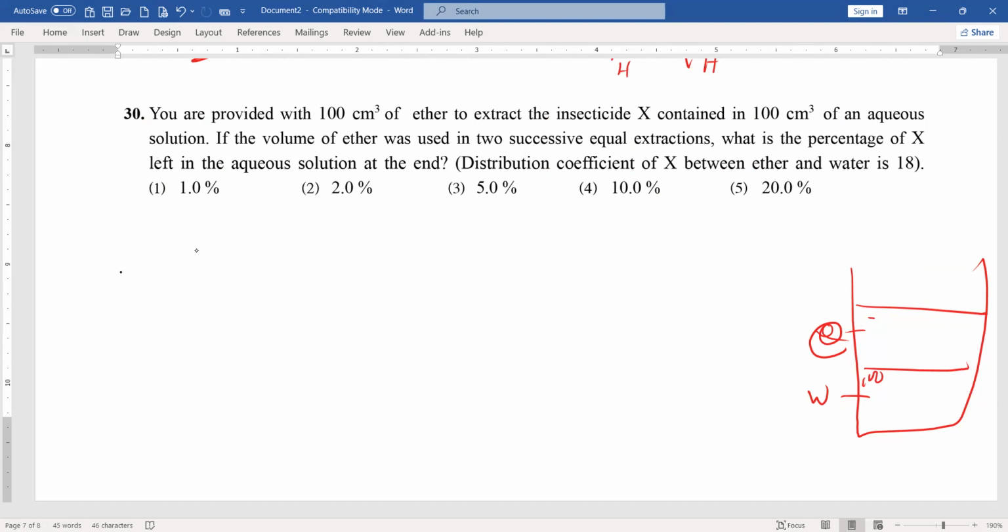One, we extract with 50 cubic centimeters of ether and then separate the layers and add another 50 cubic centimeter portion into the remaining solution and shake it well. And here 50-50.